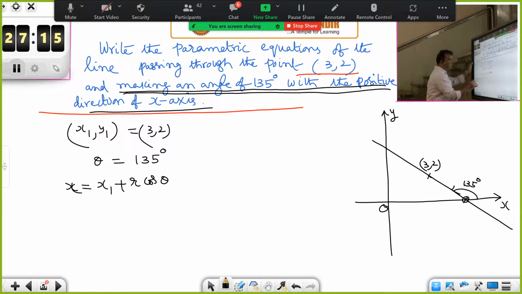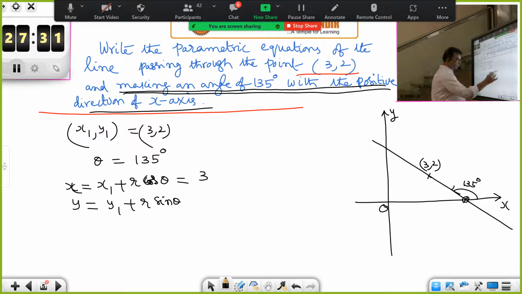Y is equal to y1 plus r sin theta, sir. Come on, substitute the values now. X is equal to what? Sir, 3 plus r cos 135 degrees. Correct.